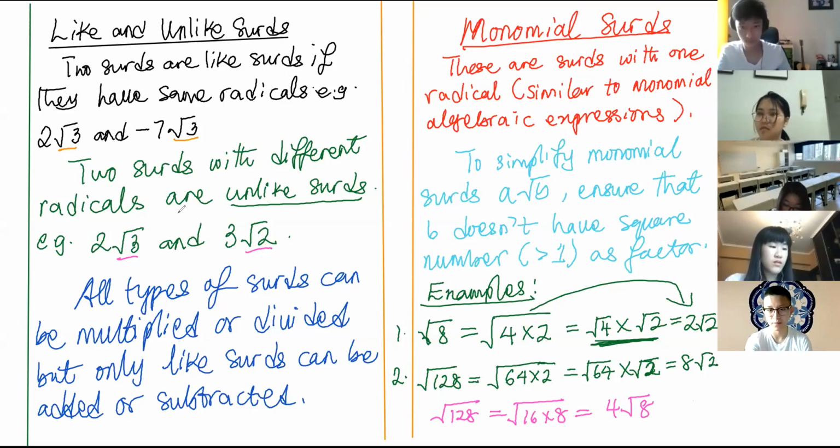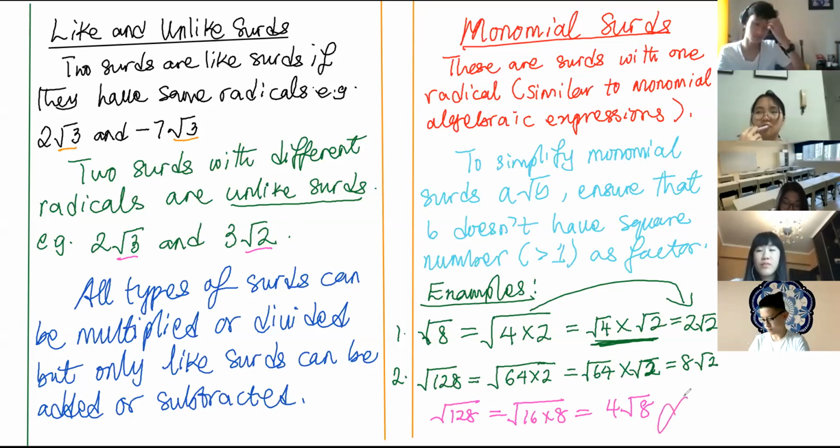Maybe because the number inside the radical is still divisible. Divisible by what? 4. Divisible by a square number, which is 4 in this case. So that is why it is not accepted, because it is not in the simplest form. This is what you should have.